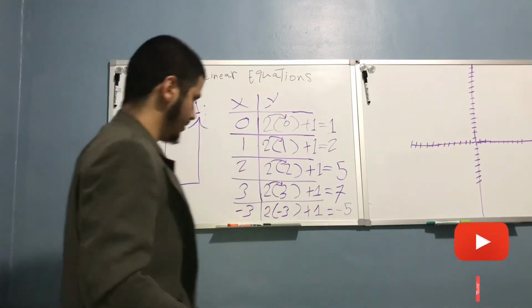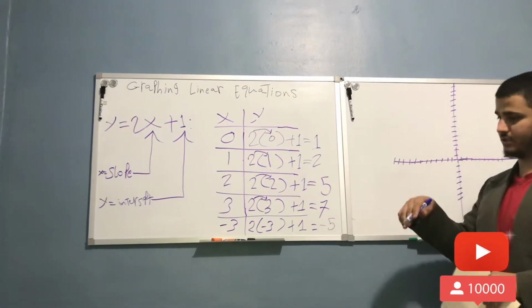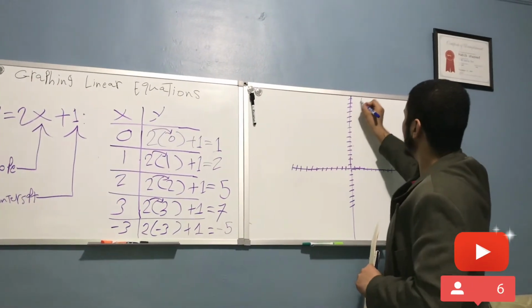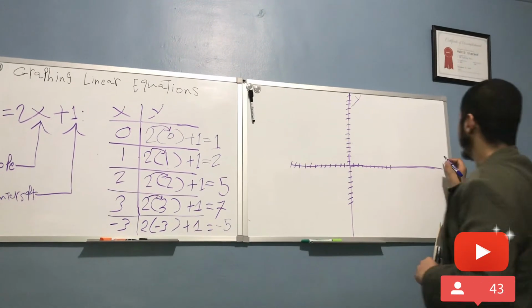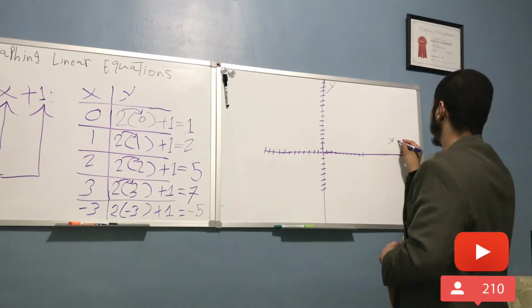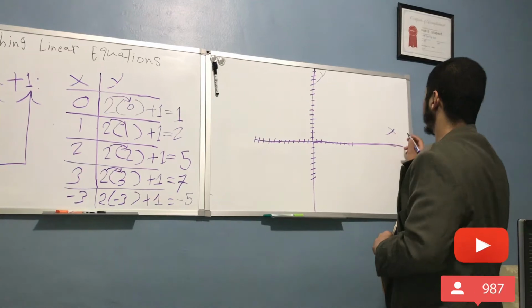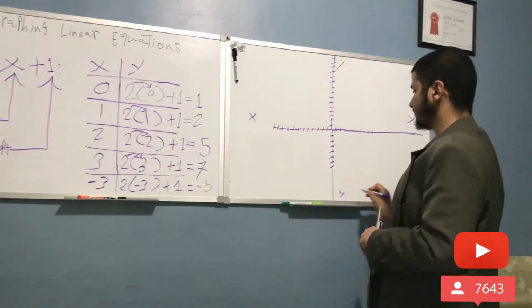Alright, let's do this one. I'm going to graph this one. So in this case, I have the y-axis, and here they have the x-axis. Let me write it down for you. That's the x, and this is the y.